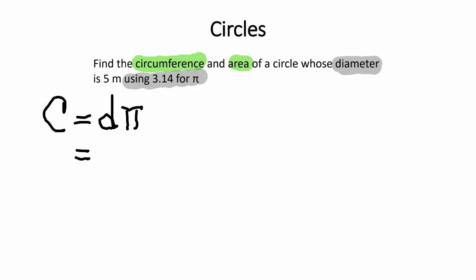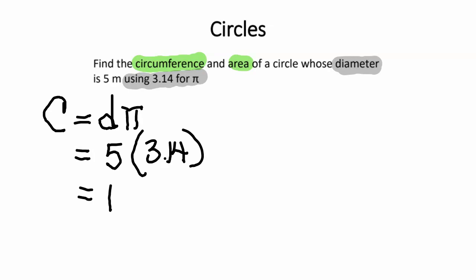Well, if the diameter is 5 and 3.14 is pi, when I multiply these two numbers together, 5 times 3.14, this will give me 15.7 meters. And the reason is 5 is the only thing that has meters. Okay.